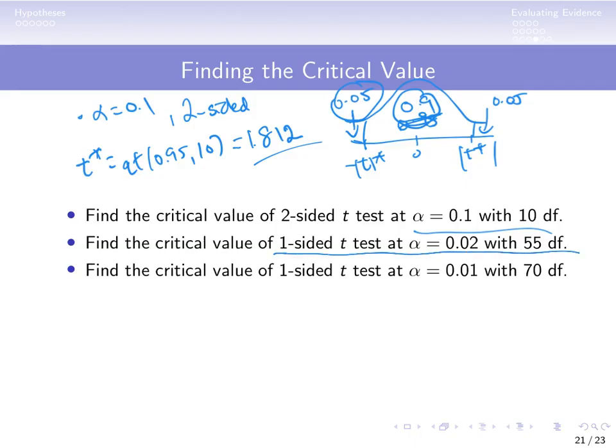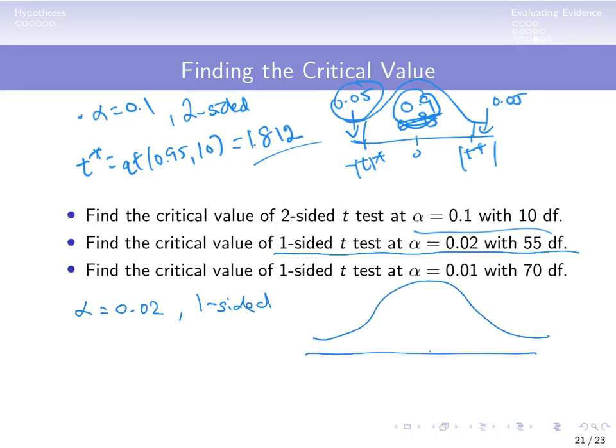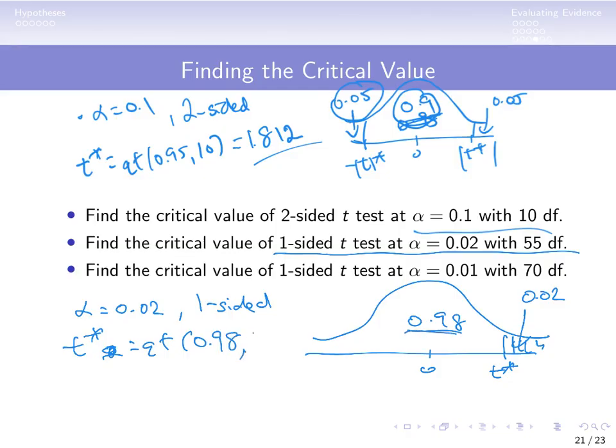Second example, one-sided test, alpha equals 0.02. You want to find t star, and this area here is 0.02. So the area to the left is 0.98. In this case, your critical value will be found using qt of 0.98, because it's 0.98 to the left, comma 55.